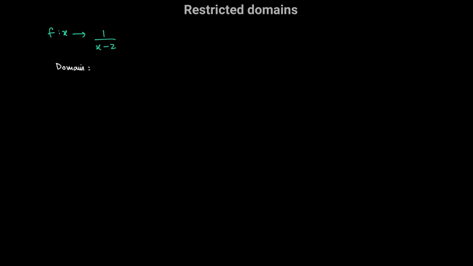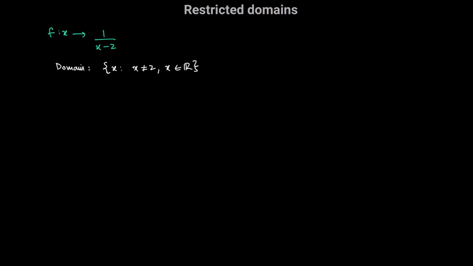So we can say that the domain over here, which is a set of inputs accepted by a function, the input here being x, is that x is a real number, but x cannot be equal to 2. So x is not equal to 2, and obviously any other real number is an acceptable input over here. So we can say that x belongs to the set of real numbers. However, x is equal to 2 is not an acceptable input.